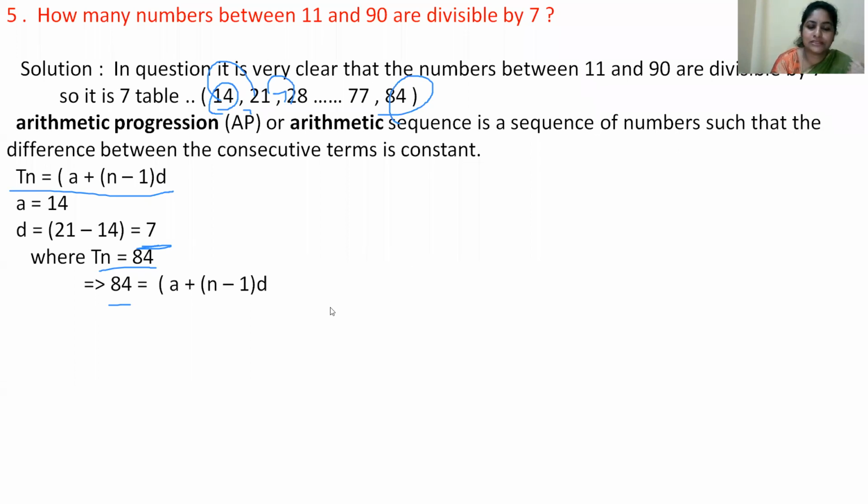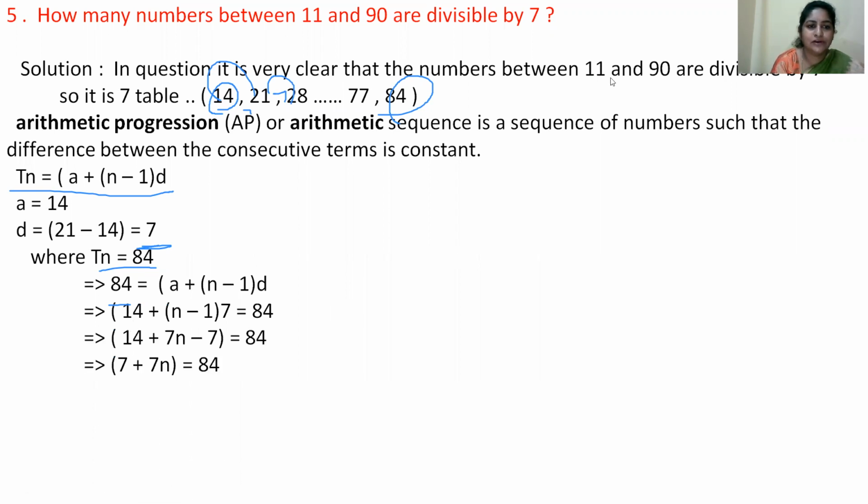The value of A is 14 and the value of D is 7. We substitute these in the formula A plus n minus 1 into D.